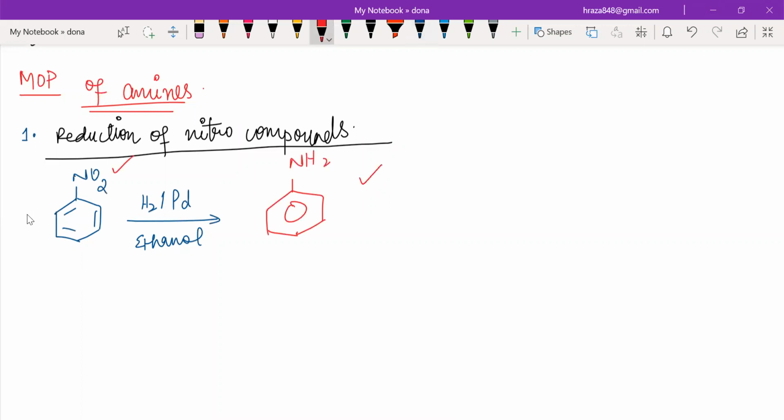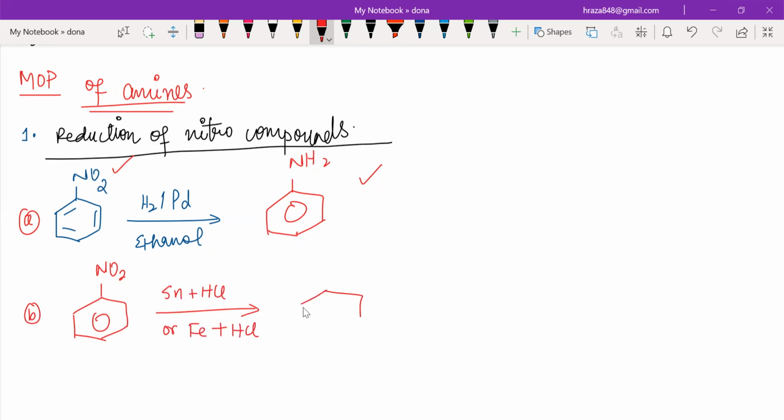Okay. There is another method for this. Instead of using H2 in the presence of palladium, we can use tin in the presence of HCl, or iron in the presence of HCl. This is your NO2. Either you can use tin in the presence of HCl, or you can use Fe in the presence of HCl. So you will be getting this. And the most preferred way to prepare is this.